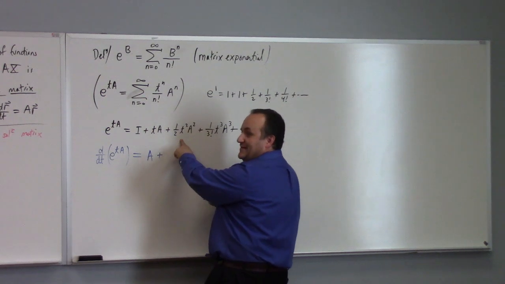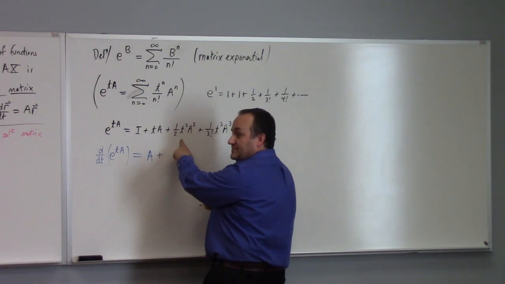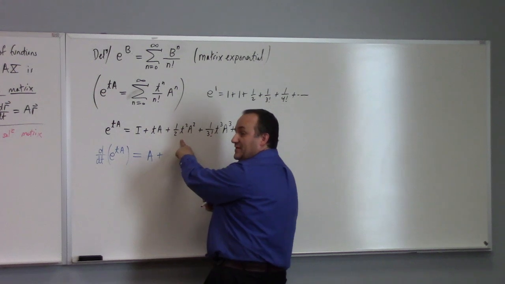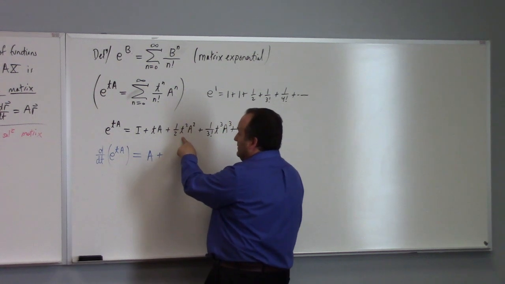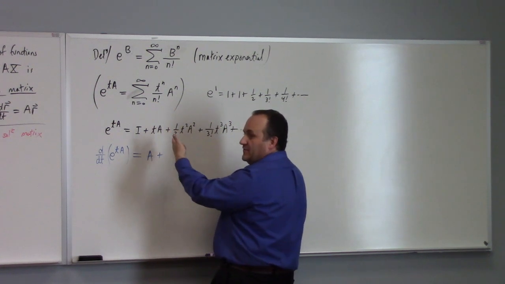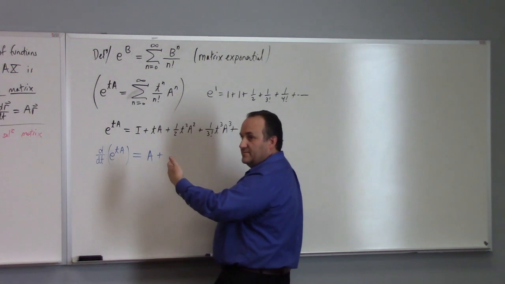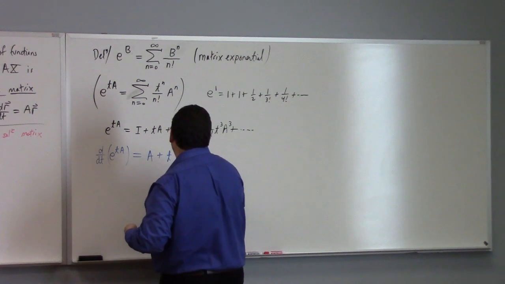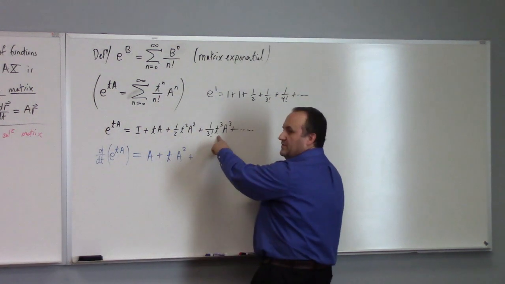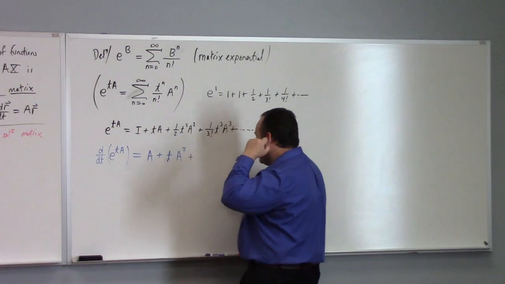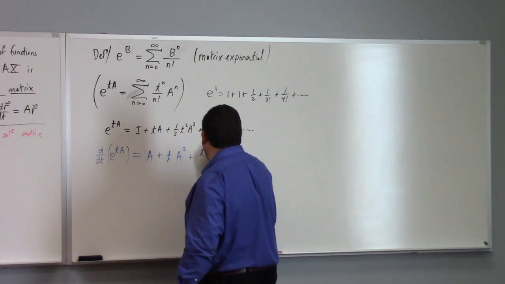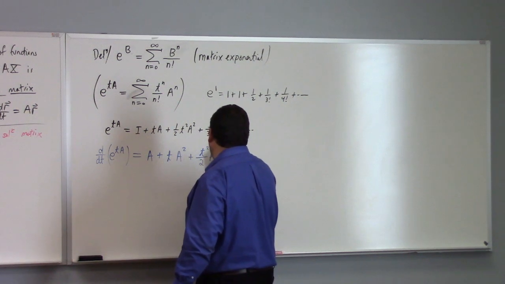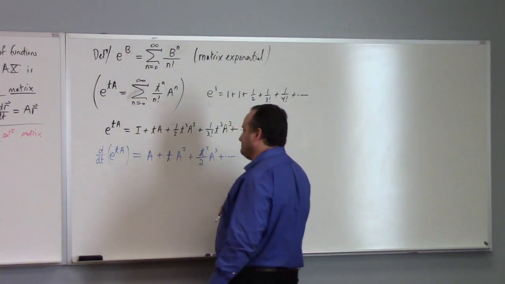The differentiation with respect to A is a much more subtle question. That is genuinely an advanced calculus question. So derivative of t squared is 2t over 2, also known as t. But the A squared rides along. Derivative of t cubed, you got yourself a 3t squared over 3 factorial, also known as t squared over 2, A cubed, and so forth and so on.